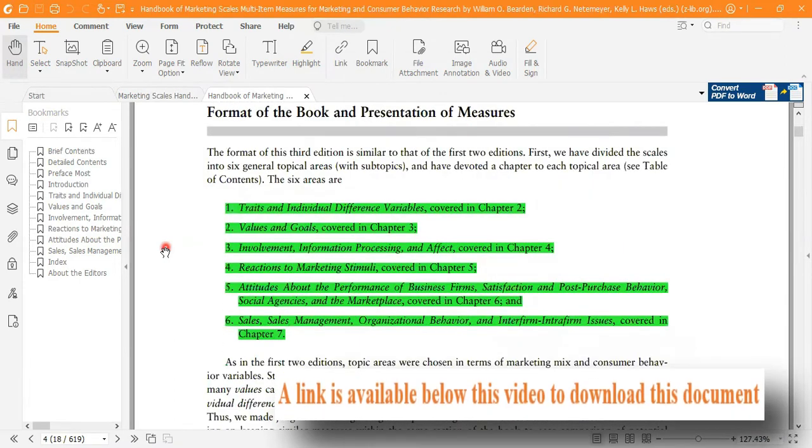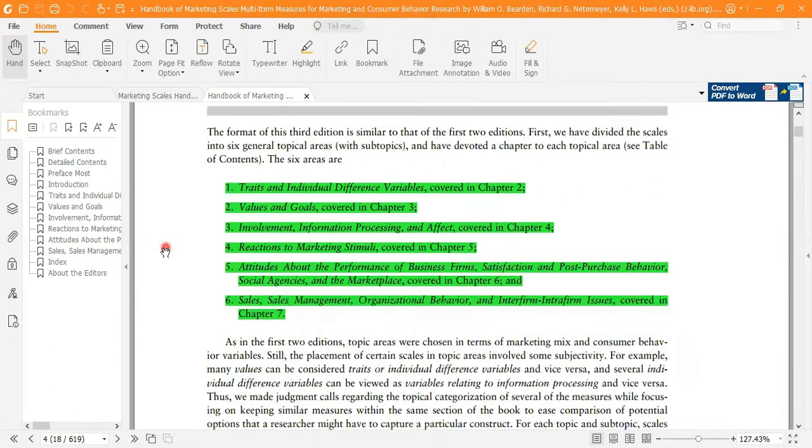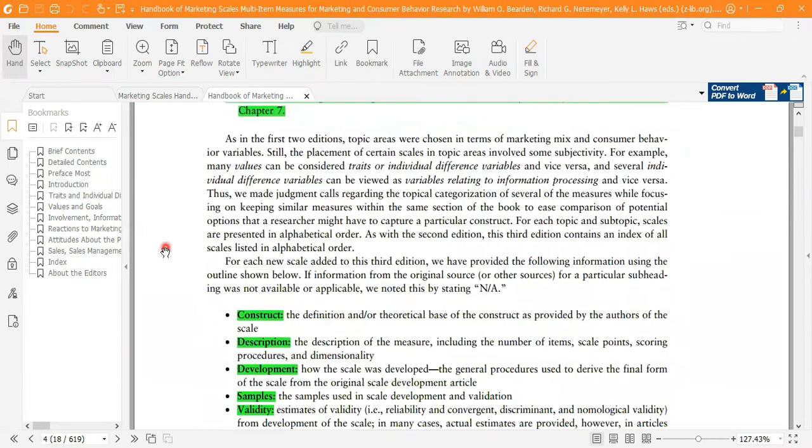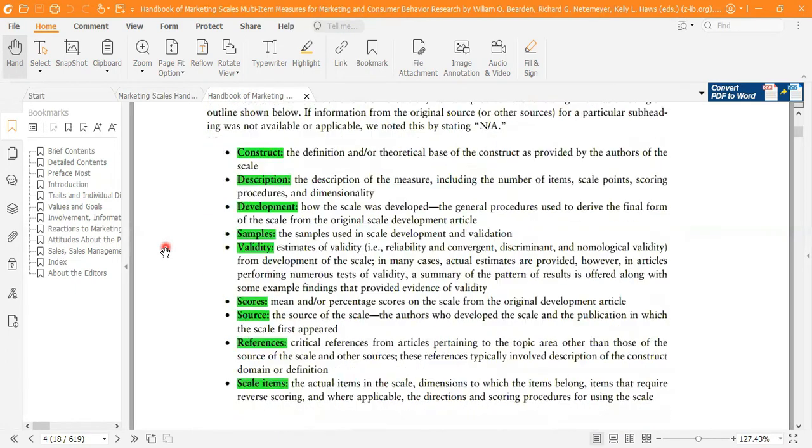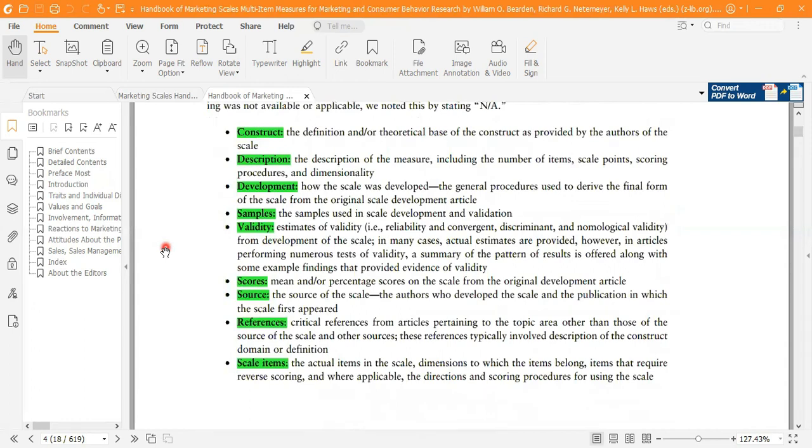And then this is the format of the book. Chapter 2, traits and individual difference variables, and then chapters 4, 5, 6, and 7. That means the major areas from where these scales have been adopted. Now, these are some of the characteristics or dimensions.